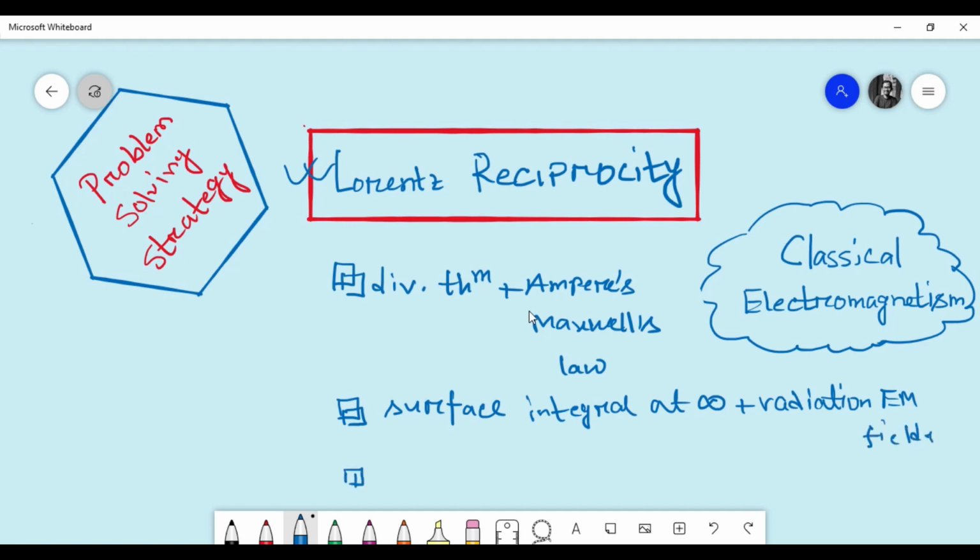Plus, you will also learn how certain expressions simplify due to the presence of harmonic time dependence.